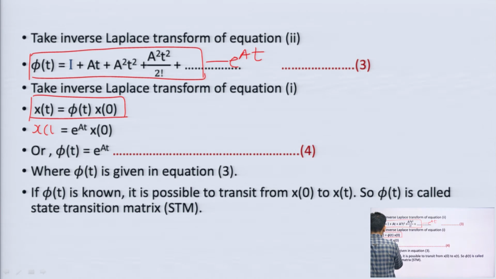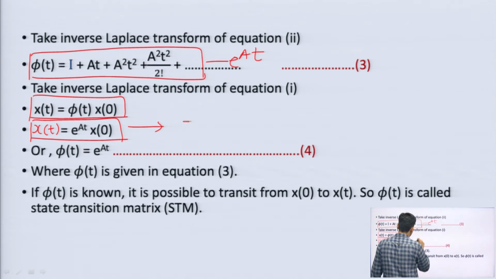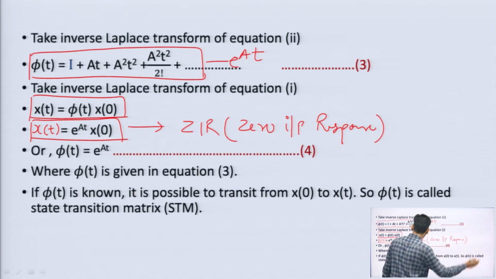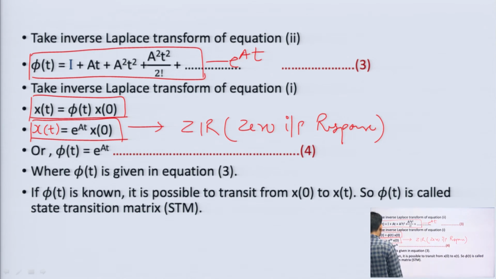So, this expression is known as the solution of the state equation for 0 input, and we can say it is the ZIR, the zero input response. In the same way, this phi(t) is given by this expression, and this gives us a new term which is known as the state transition matrix.